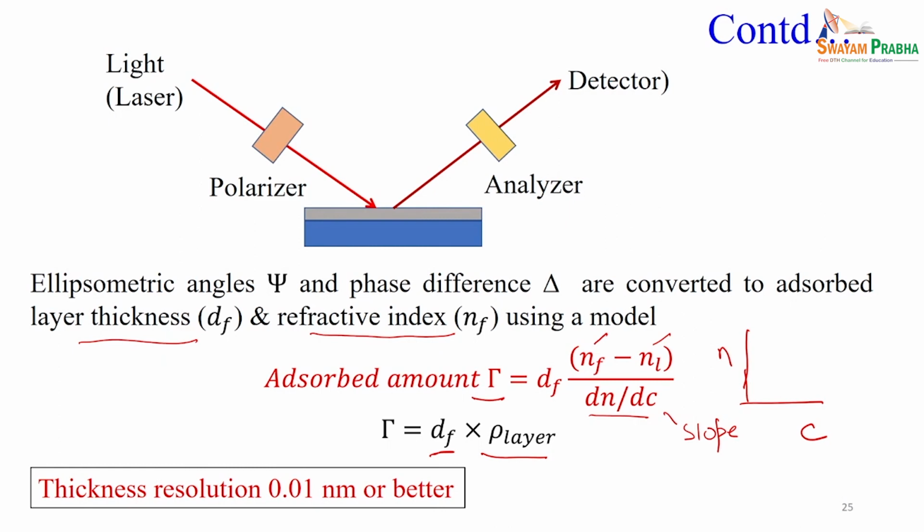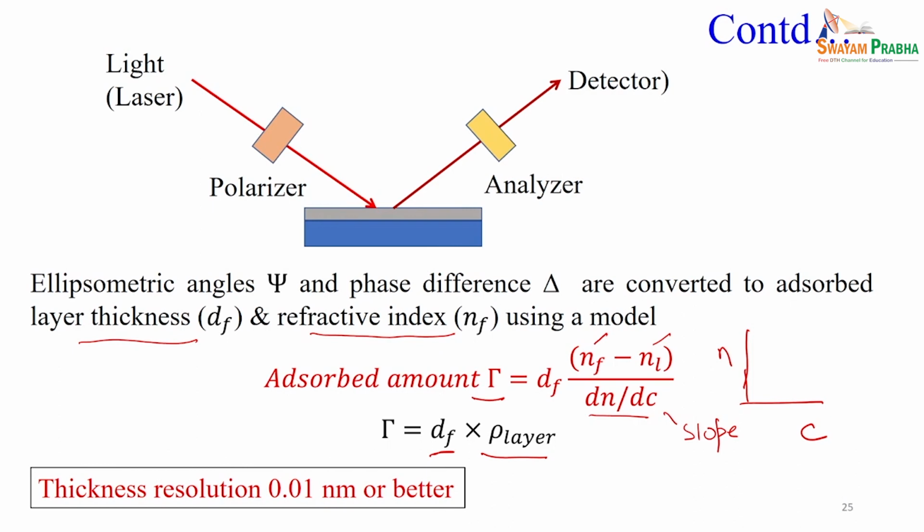So, using ellipsometry, the thickness resolution is 0.01 nanometer or better. Using ellipsometry we can measure the thickness as well as the refractive index, and that can be converted to understand the behavior of the adsorbed protein, or you can say the amount of adsorbed proteins.